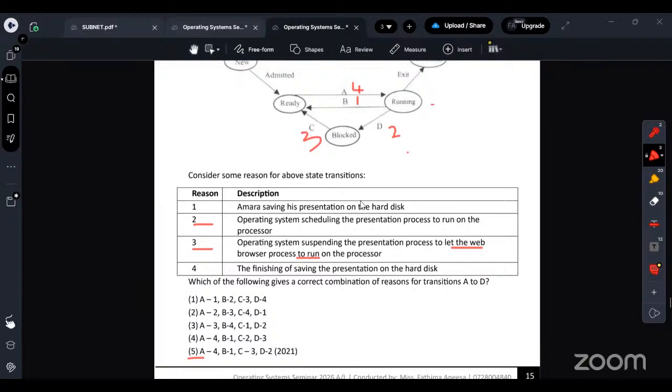Is there an error there or something? Let me just check it. Okay, just come back.